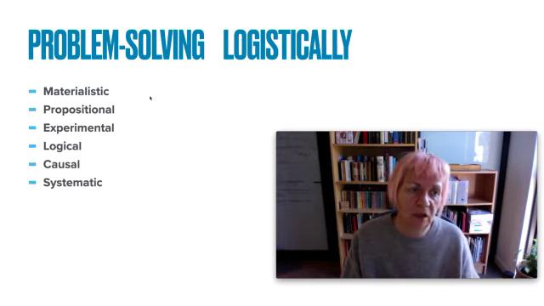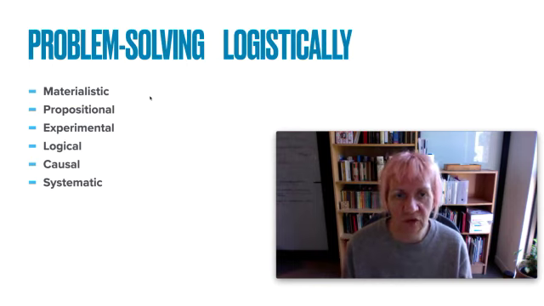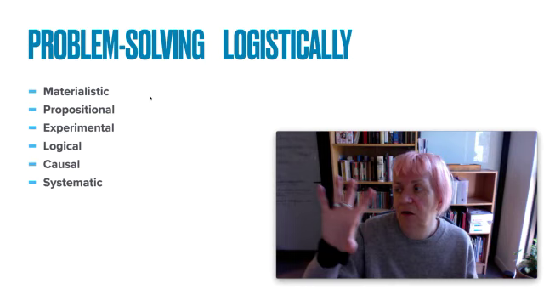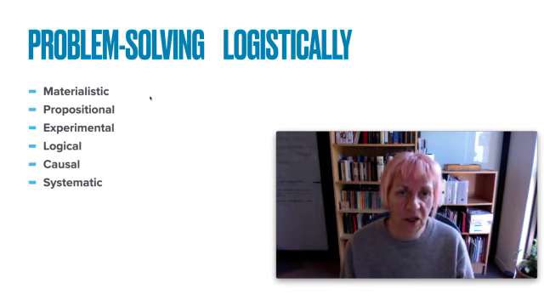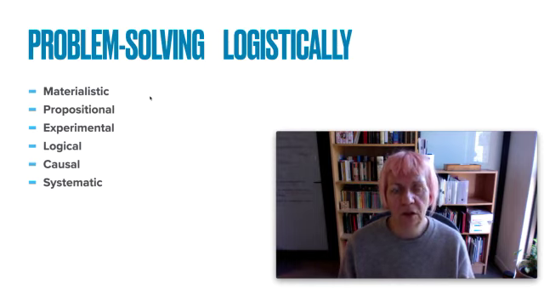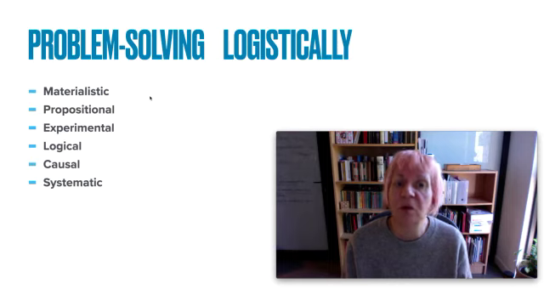If I do this, this is likely to happen. So I need to go back and look at the materials and keep experimenting so that when I do this, what I want to have happen happens. So it's this idea of logic and cause. And the engineering capacity is very systematic. So you build up a sense of what materials can do, and those ideas connect together to build a bigger idea of possibilities.